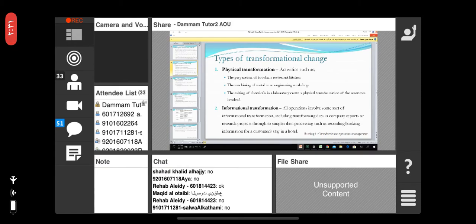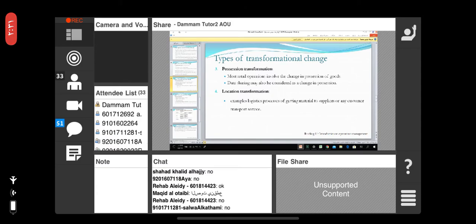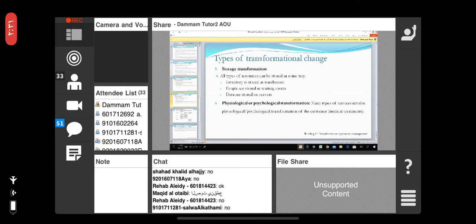Okay guys, we have physical transformation, information transformation, possession transformation, we need location, we need storage, and sometimes we have to deal with psychological transformation, because usually customers have different treatment.